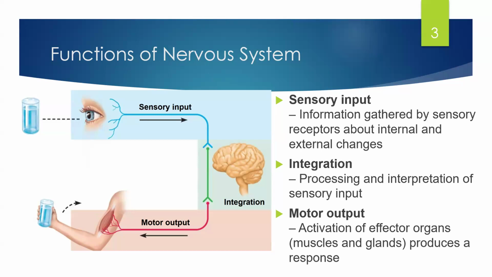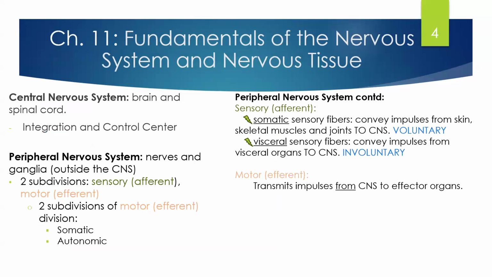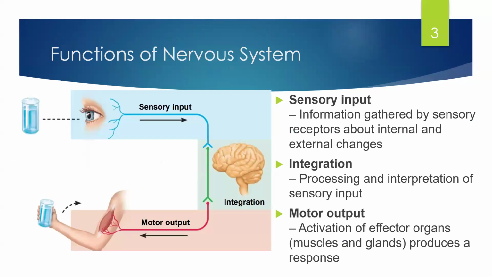Okay, and then, so this is getting into the specific parts of chapter 11. The big things to know here is that we have 2 divisions of our nervous system. The central nervous system consists of our brain and spinal cord. And again, we call this the integration or control center.